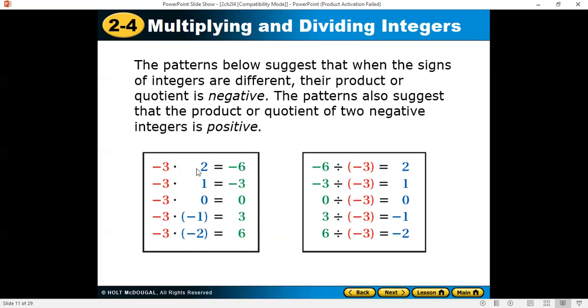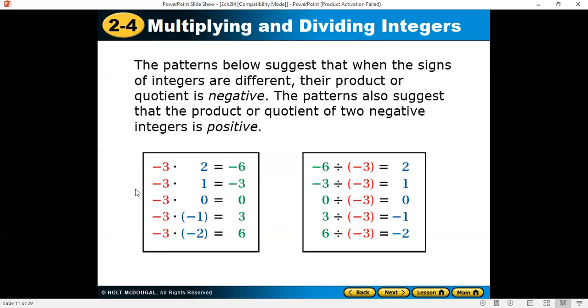Negative 3 times 2 equals negative 6. So this operation consists of three numbers: negative 3, 2 and negative 6. If I undo this operation to make negative 6 divided by negative 3, the answer will equal 2. So it consists of the same numbers, but we undo the operation.